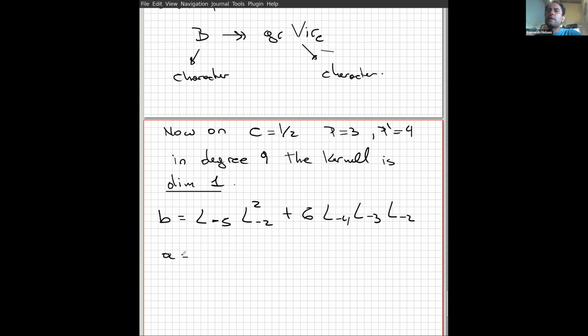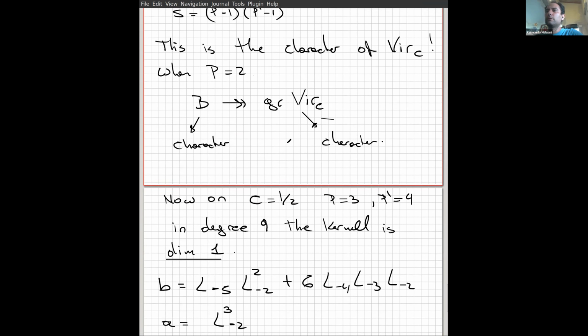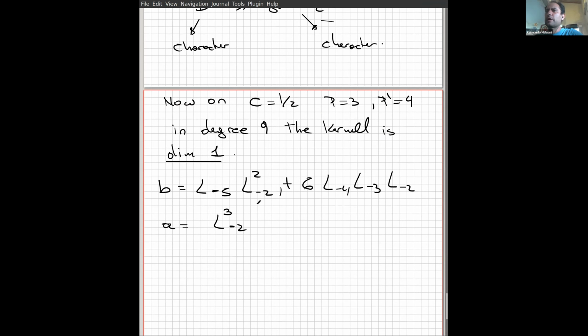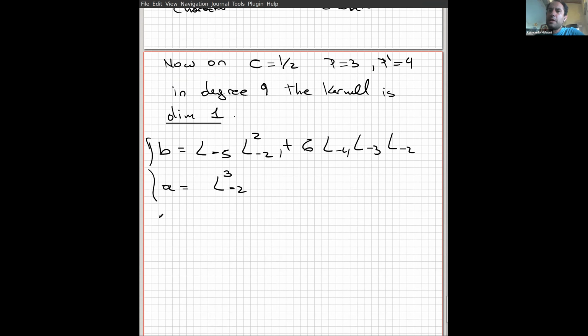Remember, we also had something that we killed already, which is L minus 2 to the S over 2. In this case, S is 2 times 3, which is 6. Oops, over 2. We should have killed S over 2. Yeah, I think that's correct. So we have these two guys that get killed, and the explicit theorem is this.